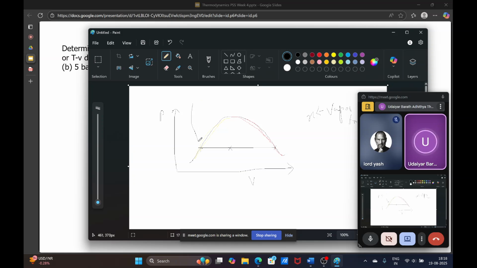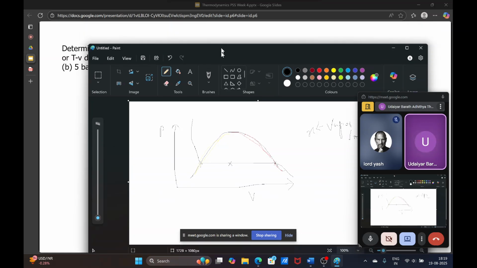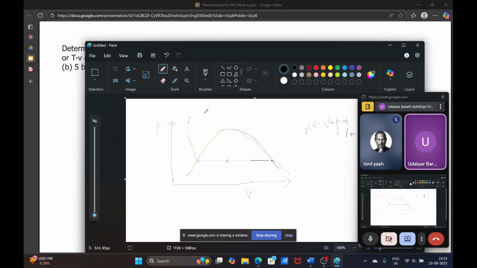So a constant temperature line will look something like this. In the second case, for a given 5 bar, your temperature is more than 151.9. So this will be T equal to 151.9.